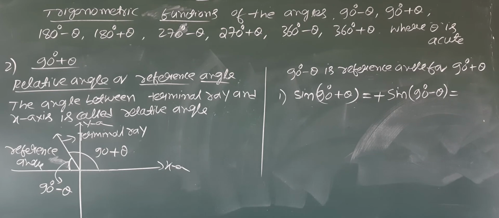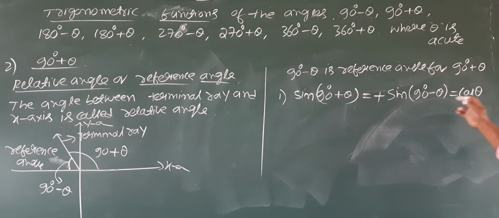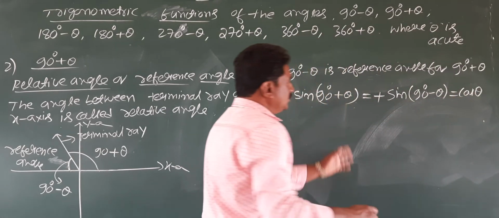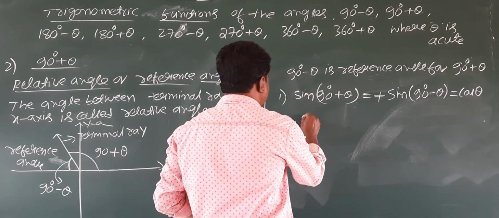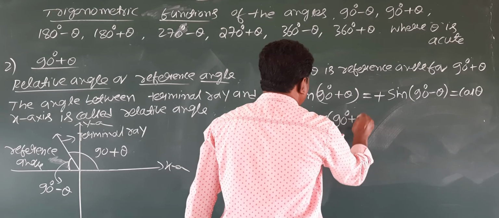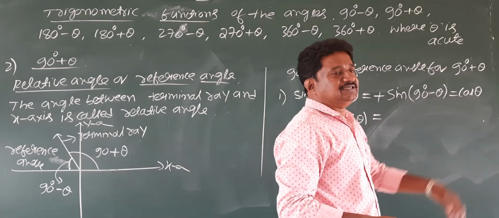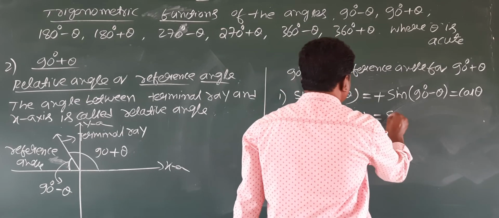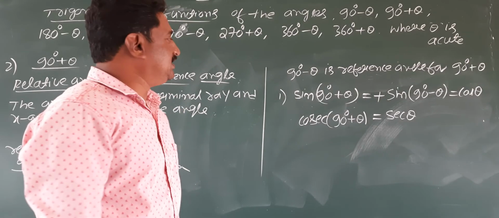So sin of 90 degrees plus theta is cos theta. Reciprocally, the reciprocal of sin is cosec, so cosec of 90 plus theta is the reciprocal of cos, which is secant theta.